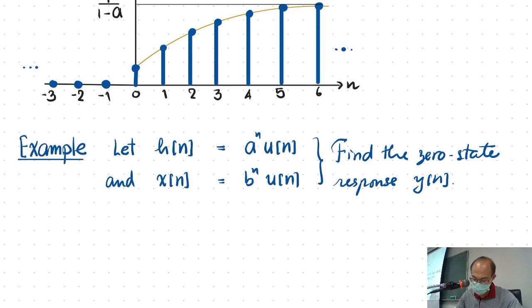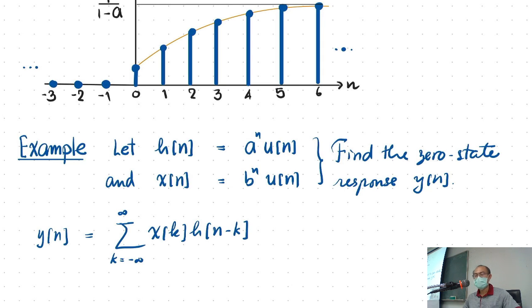I can start it for you. y is the convolution sum that goes from negative infinity to infinity. You can begin with x or h, doesn't matter. The result will be the same. In this case, I'm gonna start with x.